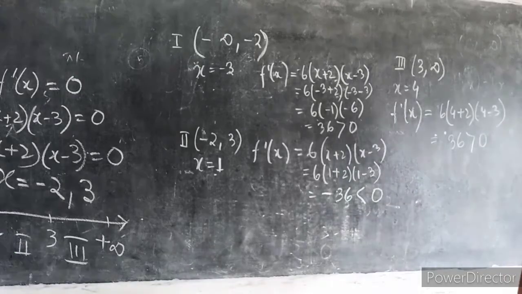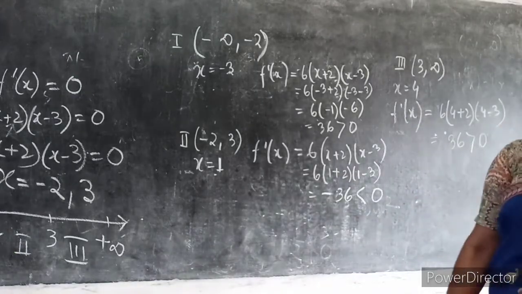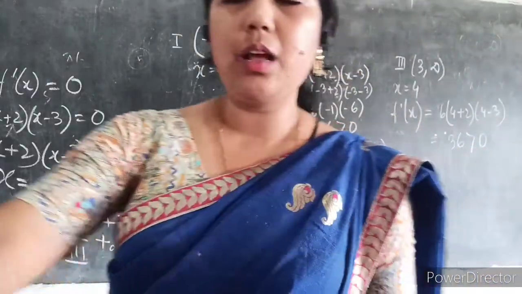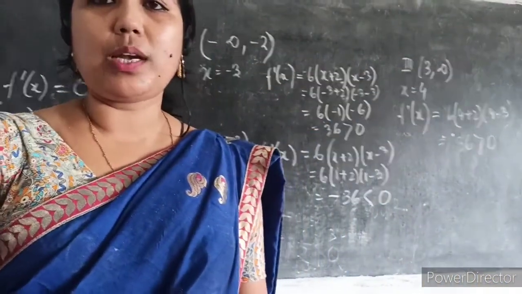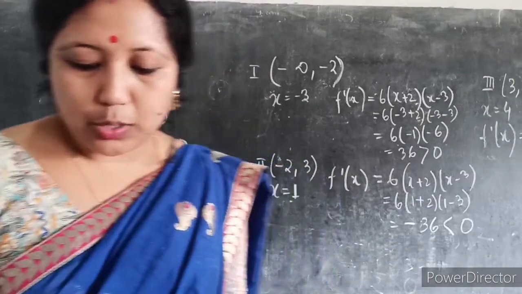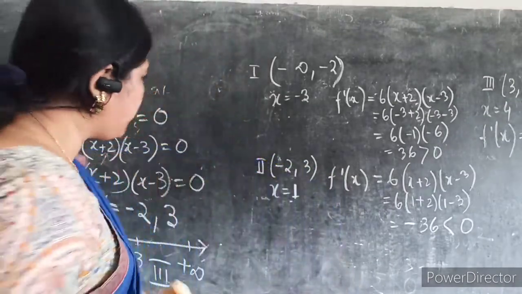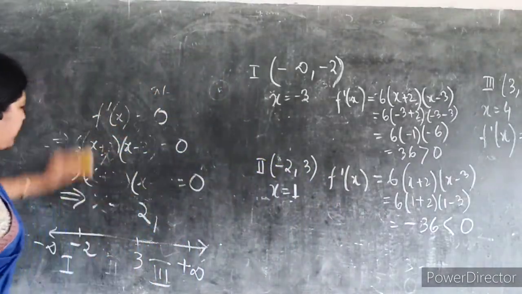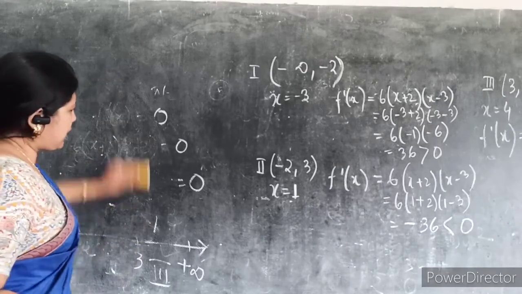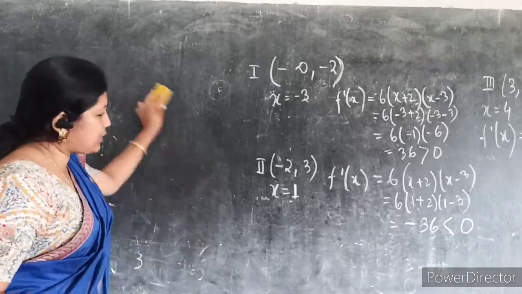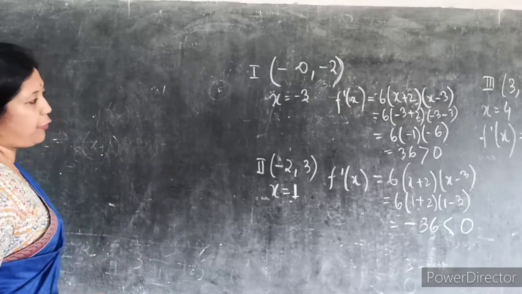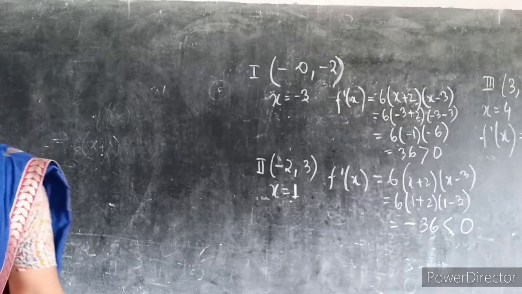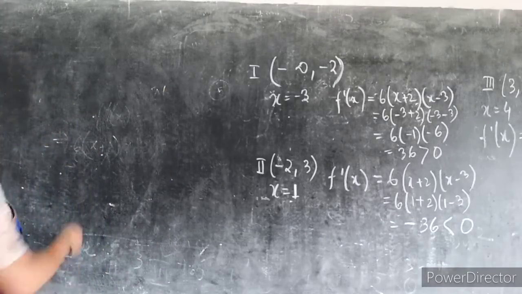So now if you want to combine all this, how are you going to write the interval where the function is strictly increasing and where it is strictly decreasing? So now let us combine the answer. In your second interval, your function is coming to be strictly decreasing, right?